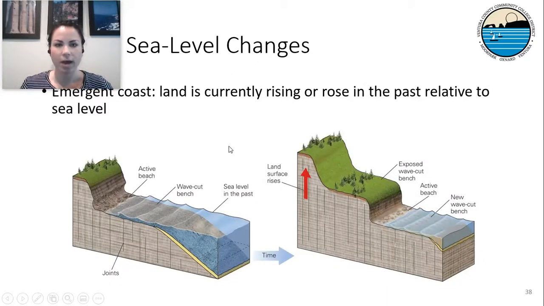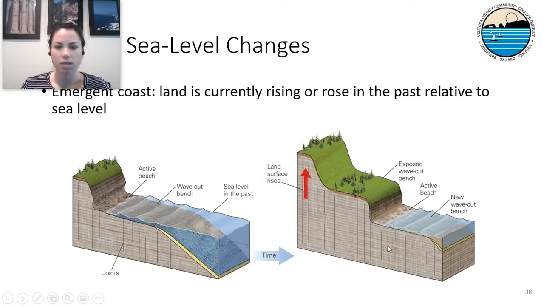Okay, so we also have an emergent coast. This is when land is currently rising or rose in the past relative to sea level. Over time, if sea level changes drastically, this would change quite a bit of the land surface.